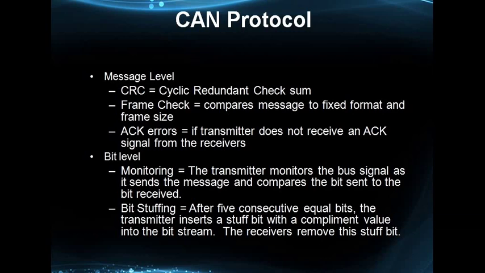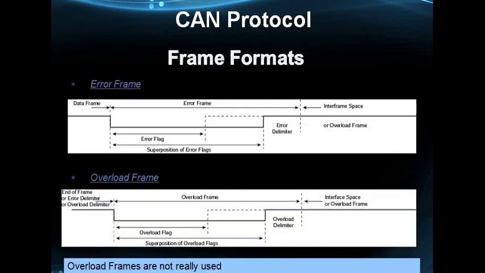Okay, good. Now coming to the error frame. There are two types of error frames transmitted in CAN: one is the active error frame, another is the passive error frame.